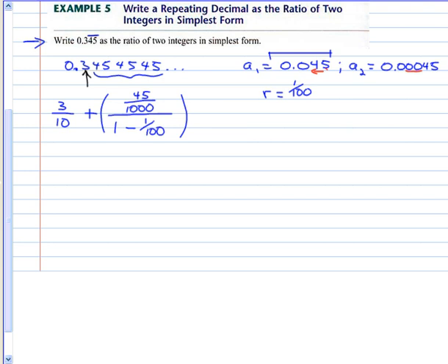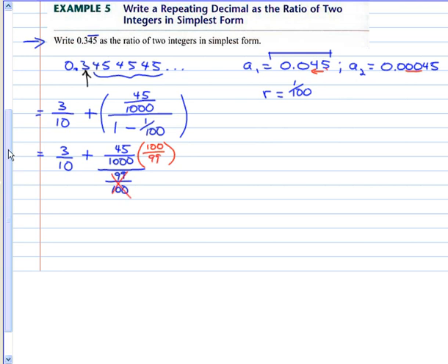So again, in that denominator, we can take 1 minus 1/100th, and we'd get 99 100ths. So I still have this 3/10 in front, that's not a repeating part, plus this infinite sum that we have: 45 thousandths divided by 99 hundredths. And we don't divide by fractions. We're going to multiply by the reciprocal, so 100 over 99 instead of doing that division.